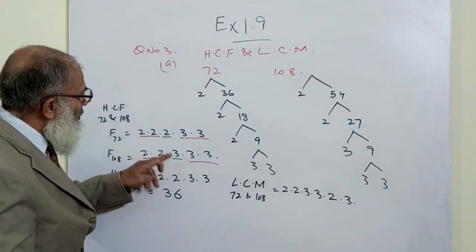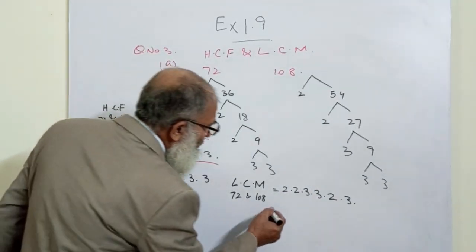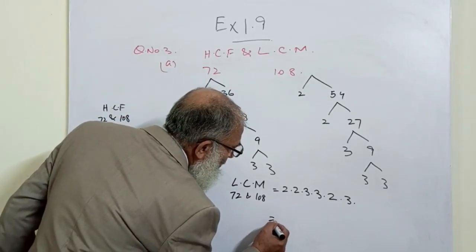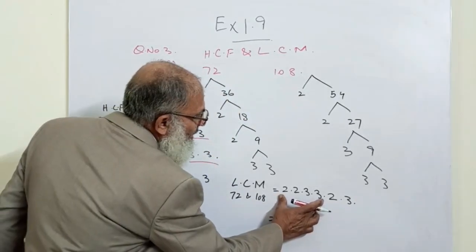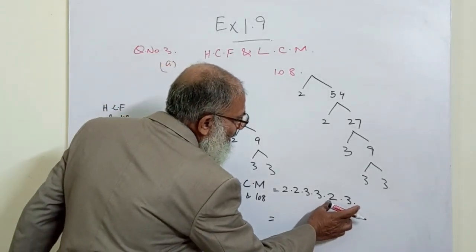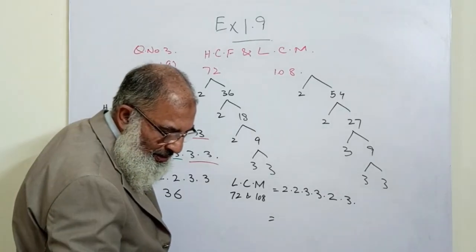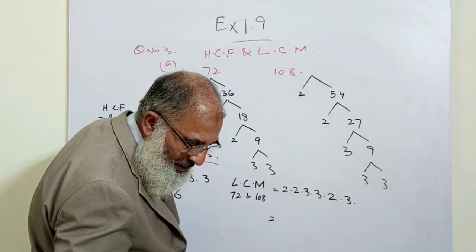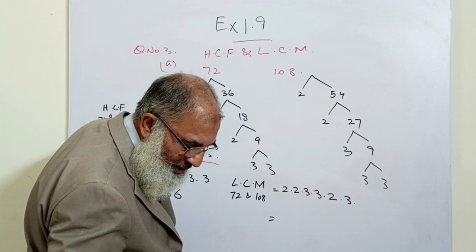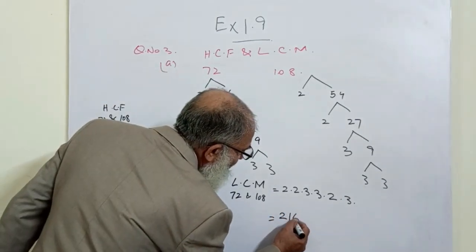Now we have taken all the leftovers as well. So you see what is the answer. 36 multiplied by 6 equals 216.